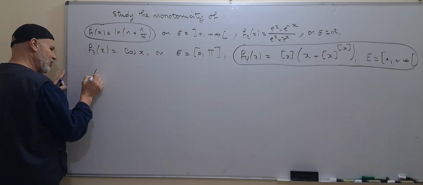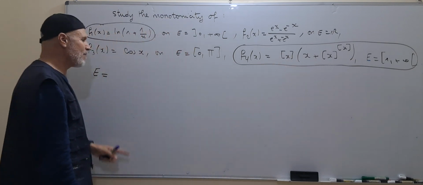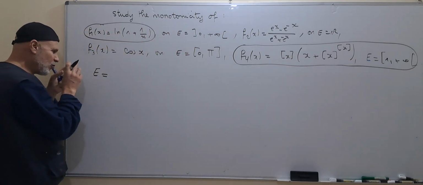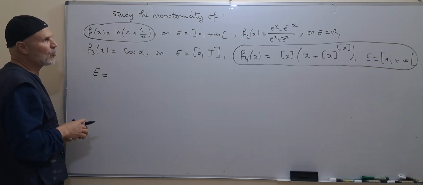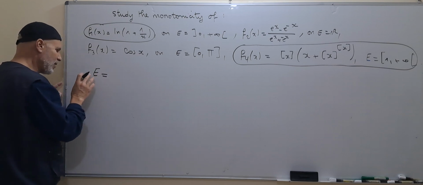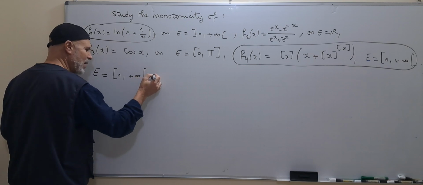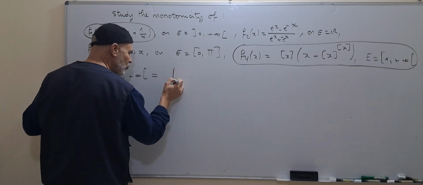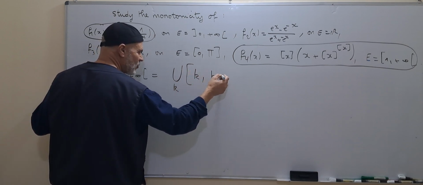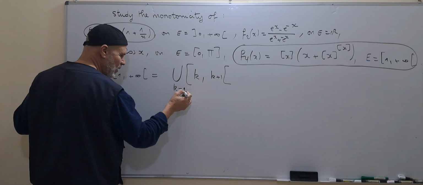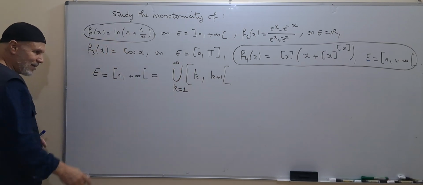Since we are dealing with the integer part of real numbers, we can write the domain of definition on which we are supposed to study the monotonicity of this function as the union of intervals k to k plus 1, with k starting from 1 to infinity. And we discuss cases.